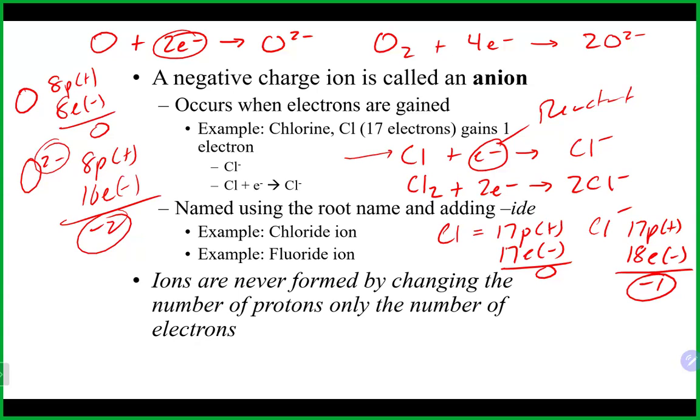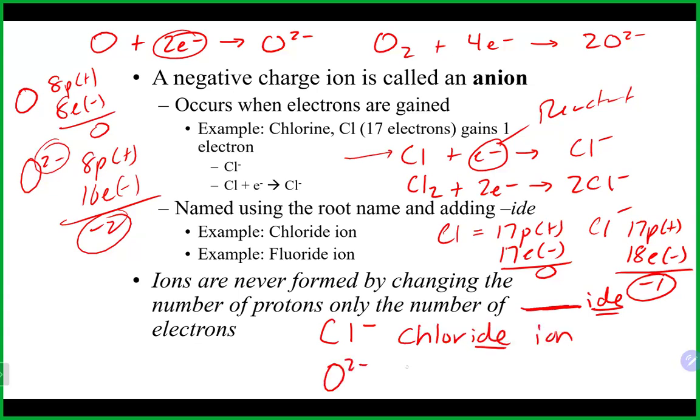Yeah? And when we name negative ions, we do something a little bit different in terms of naming the ion. As you can see here, Cl-. For negatively charged ions, we take the base of the nonmetal name, drop the last part of the name, and put IDE at the end of it. So instead of chlorine, this becomes the chloride ion.